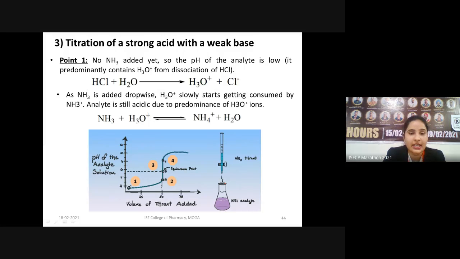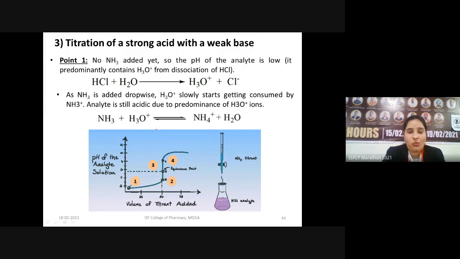As ammonia is added dropwise, the hydronium ion is slowly consumed by the ammonia molecules.